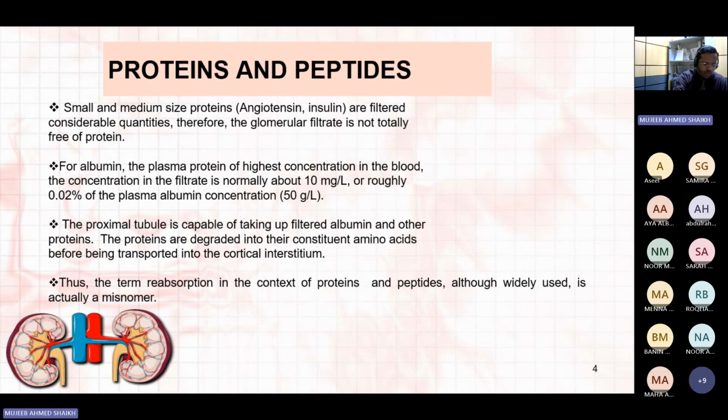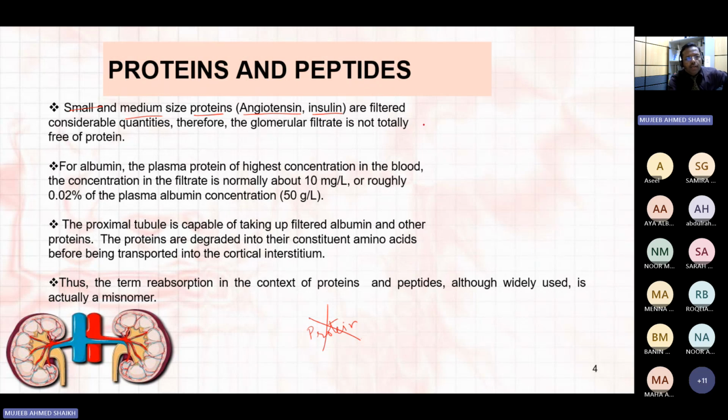If you remember, I told you in the first lecture that urine should not contain protein. A normal person's urine is without any protein. This was my statement. But this statement is contradicted in this lecture, because it says that small or medium size proteins like angiotensin, which is a hormone but also a peptide in nature, can be filtered and come out into the urine.